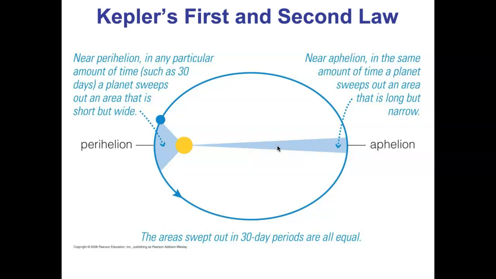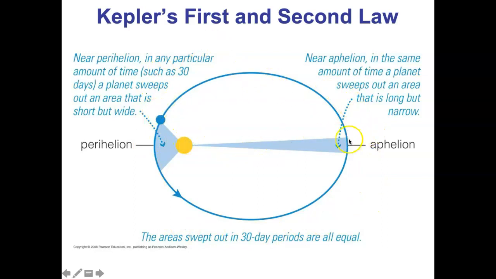The thing about the equal areas is, neat and all, but that's not the important takeaway. The important takeaway is planets move faster when they're close to the sun and slower when they're farther from the sun. Right? The reason why it's coined in terms of these areas is because everything is changing. As a planet goes around the sun, everything is changing.